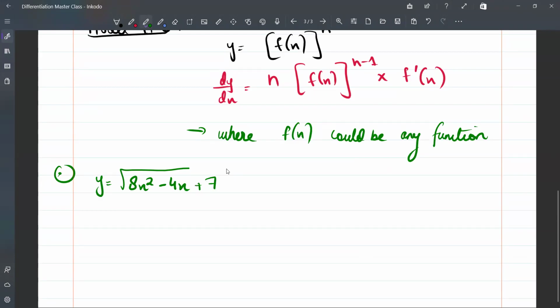All right. So we can write this as 8x squared minus 4x plus 7, the whole thing to the power 1 upon 2.